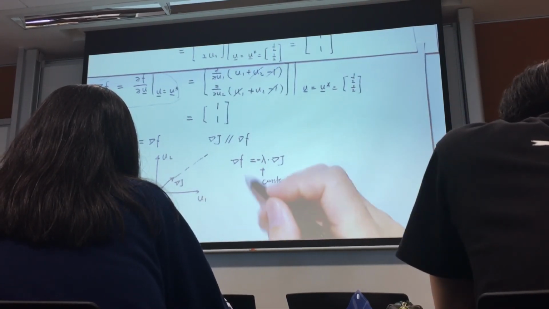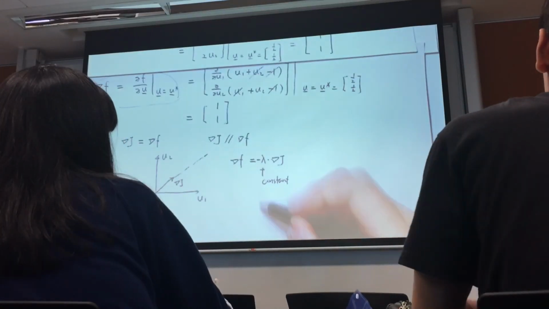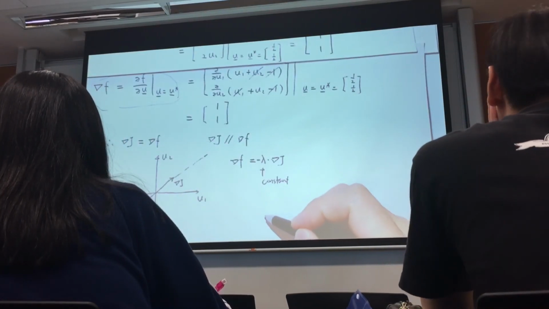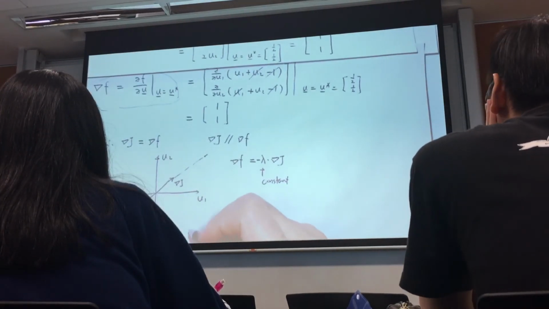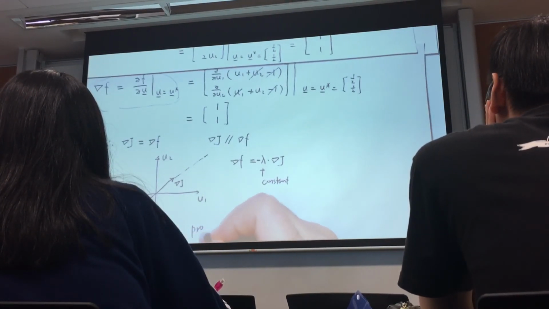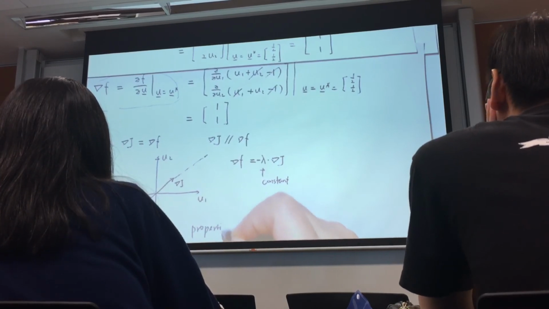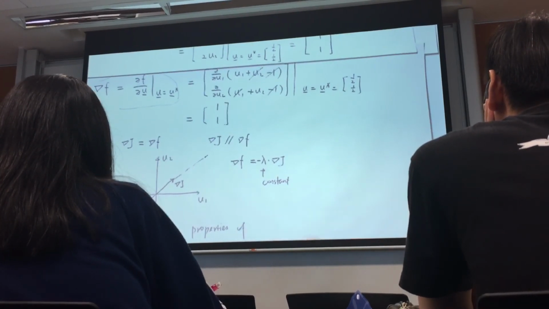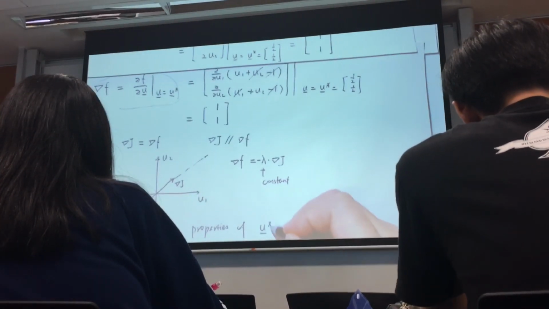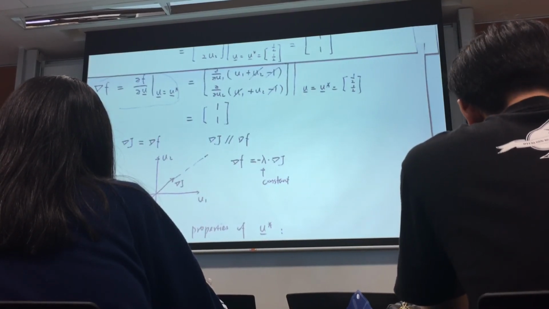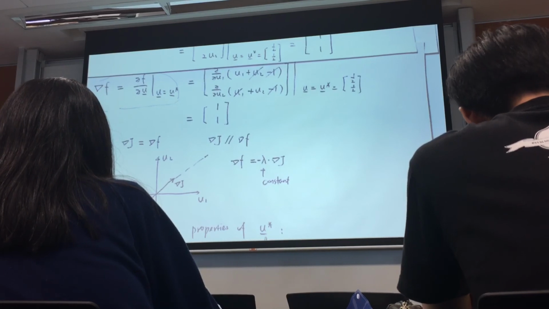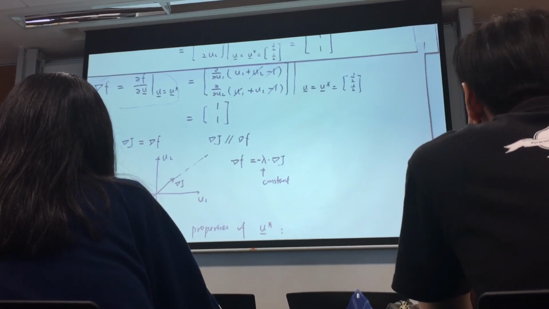In summary, what we have discussed today is for the unconstrained problem. We find the property of the u star. This u star must satisfy this condition.